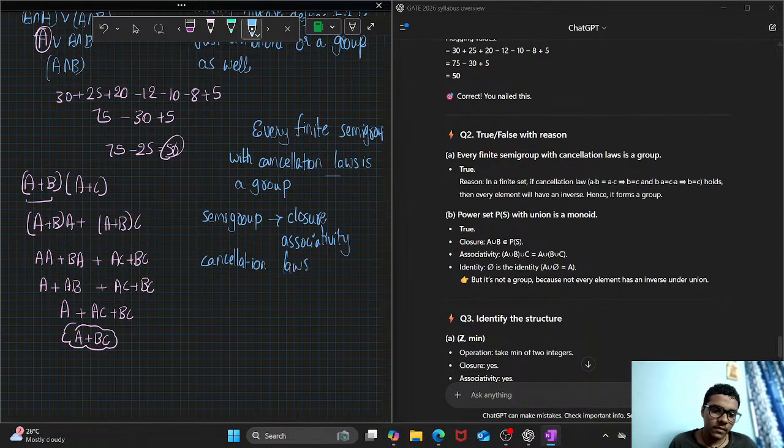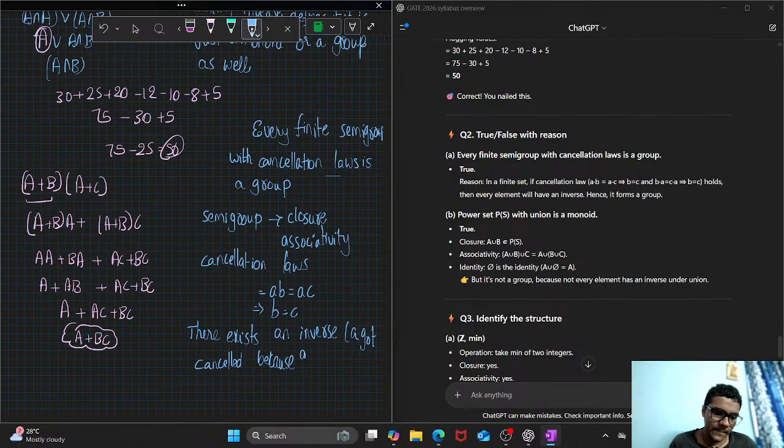Cancellation laws: AB equals AC means B equals C. There exists an inverse. A got cancelled because A inverse exists, right? We got it. So it is a group.